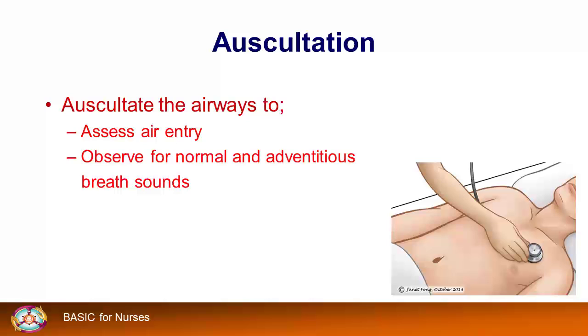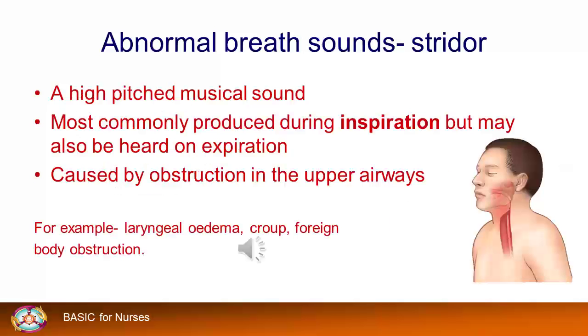This allows you to assess air entry into the right lung fields versus the left lung fields, and air entry into the apices versus the bases of the lungs. It also allows you to observe for the presence of abnormal breath sounds, which indicate an issue with the patient's airway patency or ventilation, such as stridor, wheeze, and crackles.